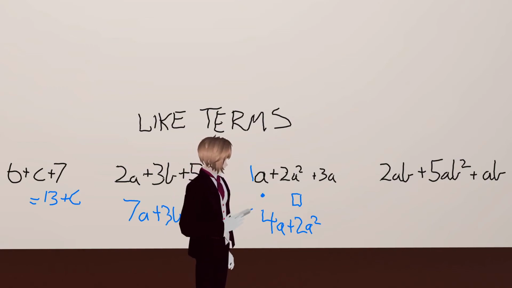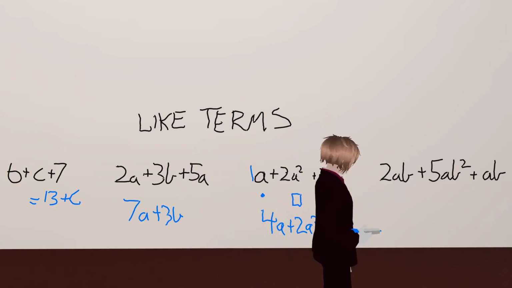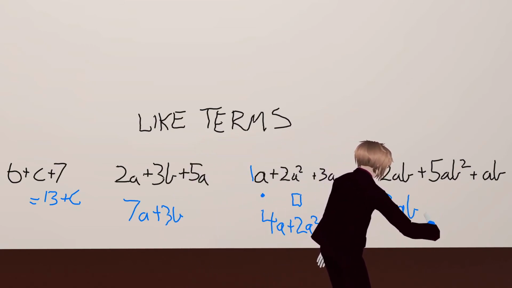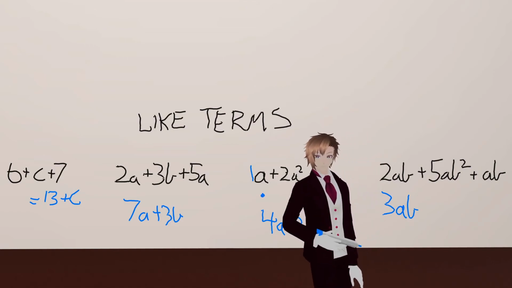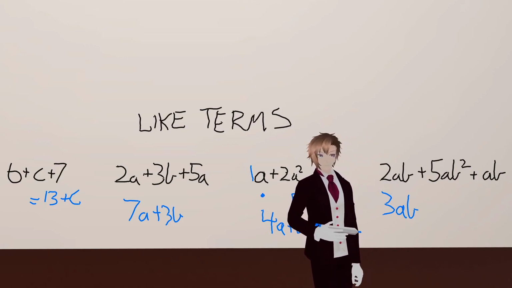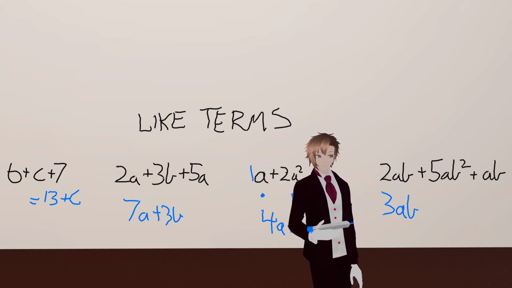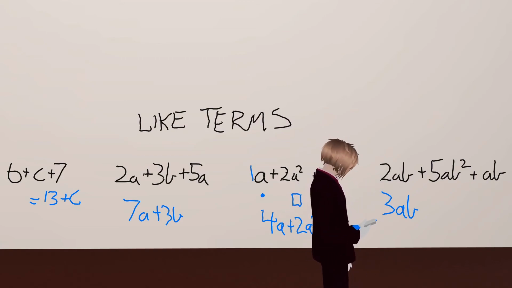So 2ab plus ab is 3ab. And ab squared is completely different to ab, so we're going to write that separately.